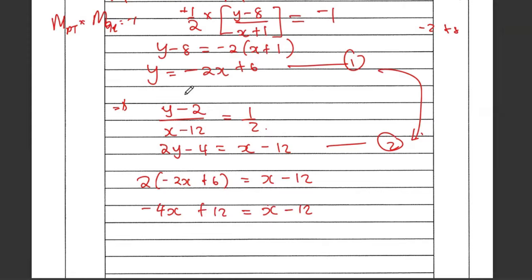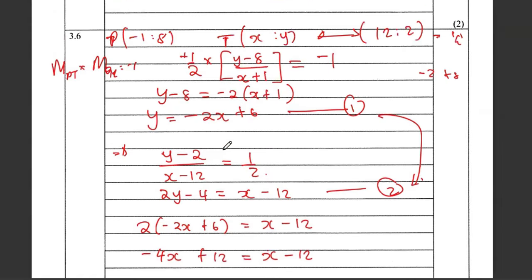Okay. Did we do anything wrong? Then why does it feel like there's something we did wrong? Because why am I having 2y? We said (y minus 2) over (x minus 12) is a half. So 2y minus 4 is x minus 12.